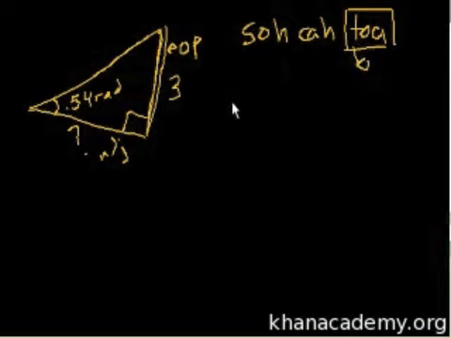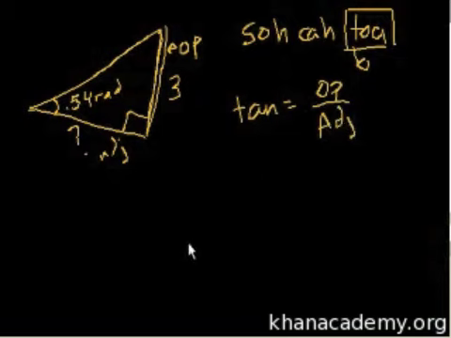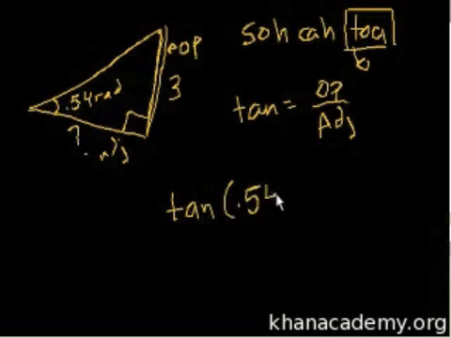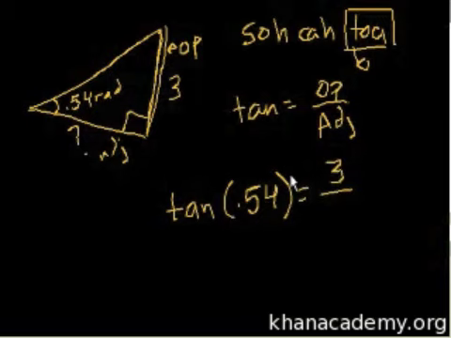TOA. So tangent is equal to opposite over adjacent. So let's take the tangent of 0.54 radians. The tangent of 0.54 will equal the side opposite to it. So that's 3, right? The opposite side is 3 over the adjacent side.